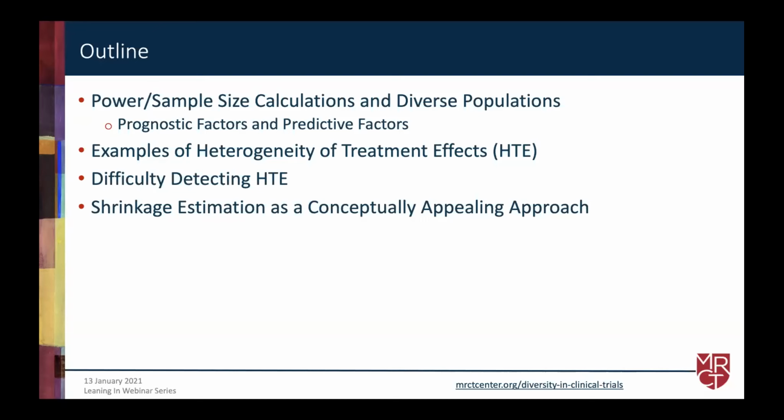I'll go through a few examples of where heterogeneity of treatment effects have been observed and how they've been dealt with, and then move on to just briefly touch on a recent, somewhat innovative approach called shrinkage estimation that has a lot of appeal in dealing with this problem of heterogeneity of treatment effects.